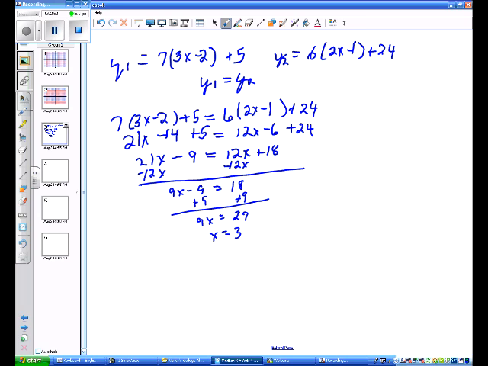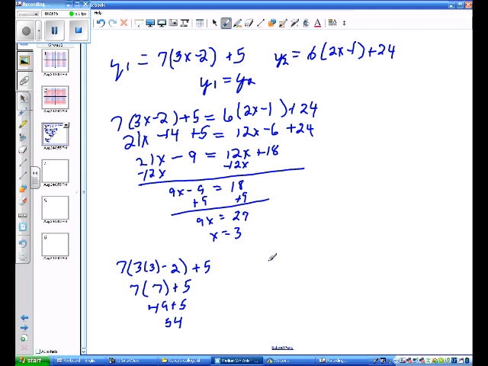If we wanted to check, we could substitute in. So we could take the first equation and have 7 times (3 times 3 minus 2) plus 5. Well, that would be 7 times (9 minus 2), which would be 7 times 7, plus 5. So we have 49 plus 5 is 54.